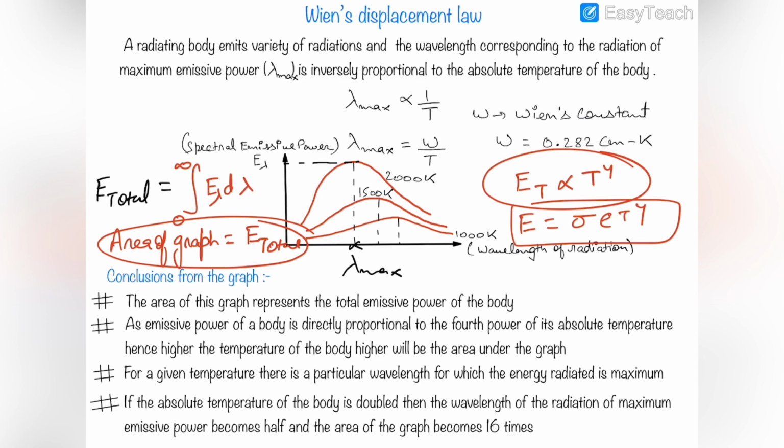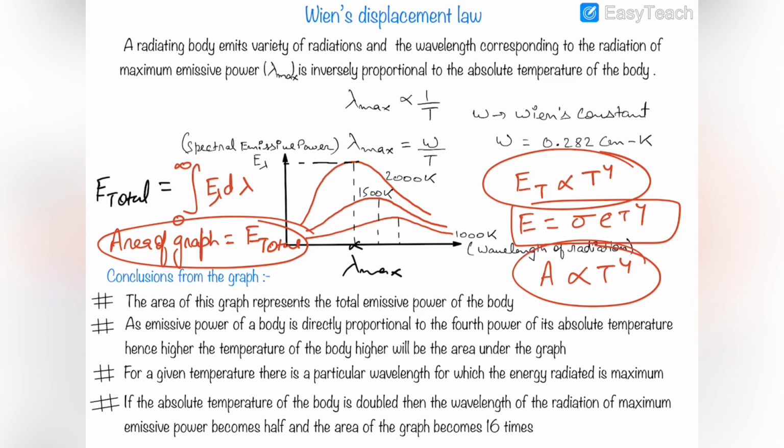So we can conclude that the area of this graph A is proportional to T to the power 4, and the wavelength at the peak is inversely proportional to the temperature of this body. Now, what are the conclusions of this graph? The first and important conclusion is that the area of this graph represents total emissive power, which I have already explained.